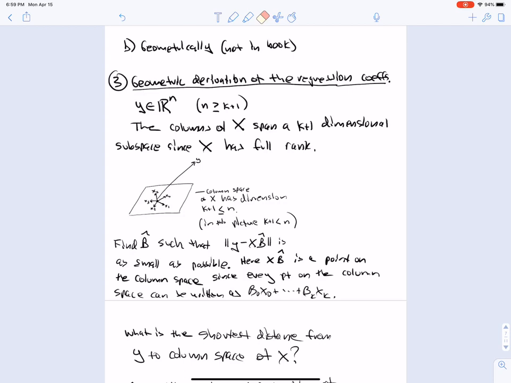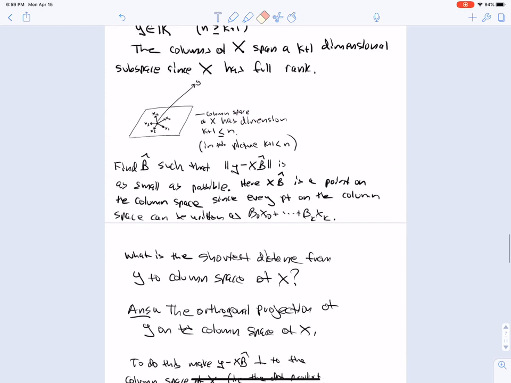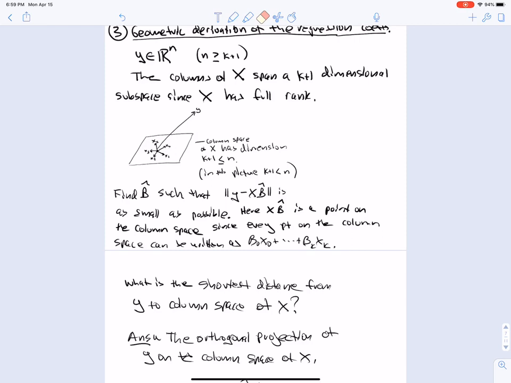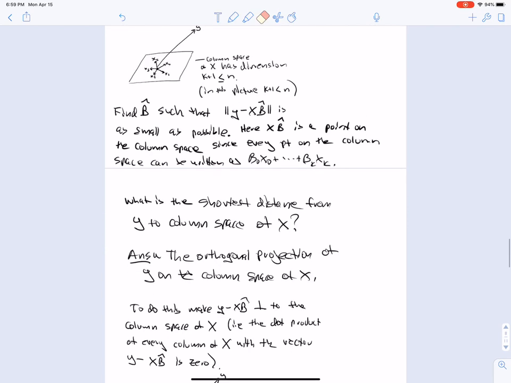Well, we would just drop an orthogonal projection from y onto the column space, and the point on the column space is going to be a linear combination of the column vectors, and that particular linear combination will give us our betas. So that's the plan here.